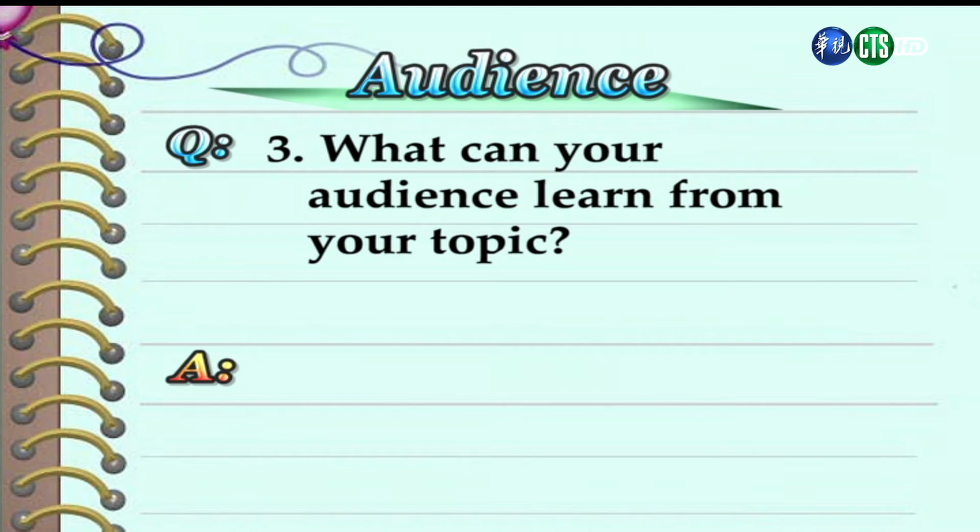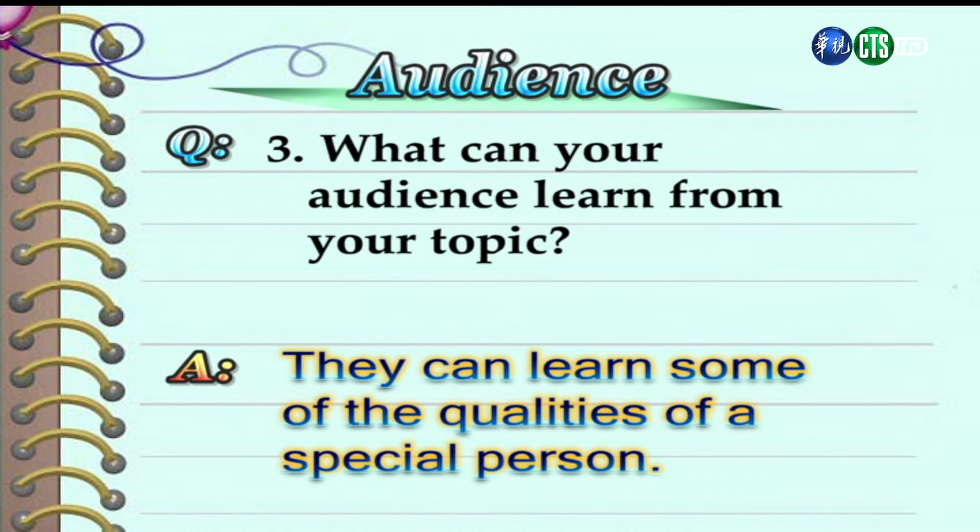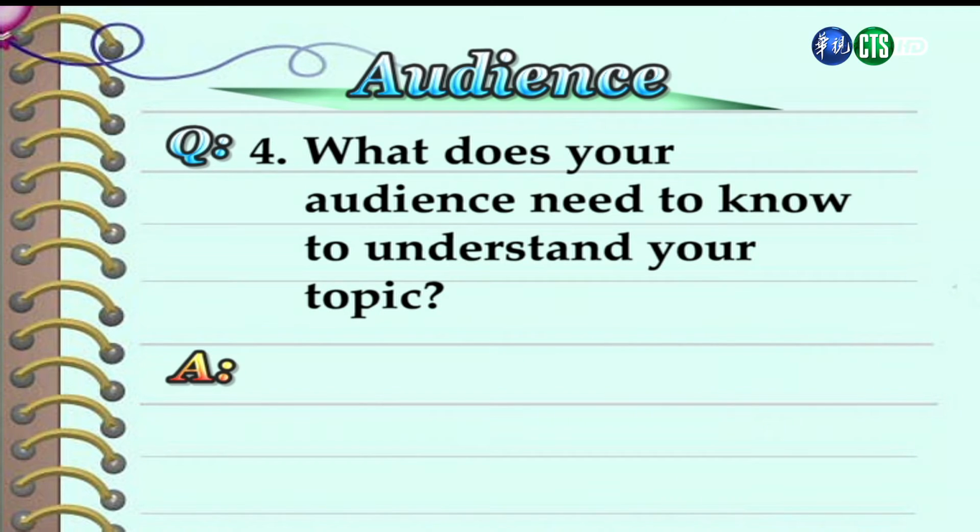And so what they can learn is about the qualities of persons very special to the writer. And then the next question, what does your audience need to know to understand your topic?